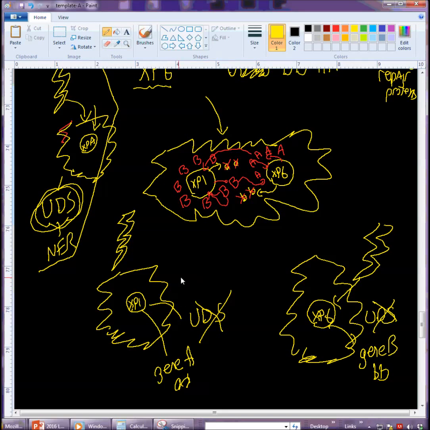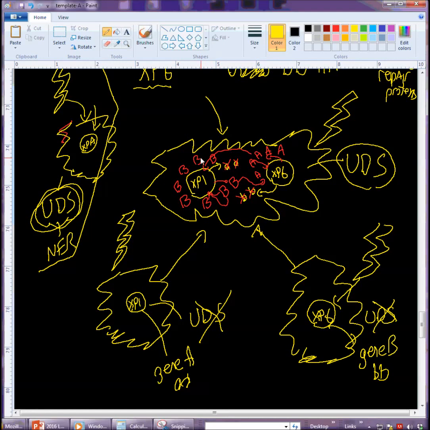So, okay, but when we fuse them and we expose the heterokaryon to UV light, well, UDS works now. Why? Because these nuclei, they complement one another.